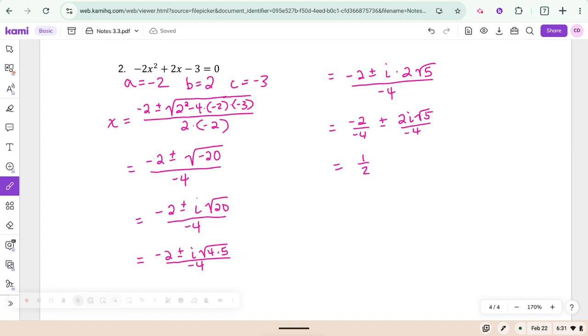And I can really take this negative away because I'm doing plus or minus here, so that doesn't really matter. 2 goes into 2 once. 2 goes into 4 2 times. So this simplifies into the square root of 5 over 2. And then I'll put i here. So I have it broken apart into its components, the real and the imaginary.